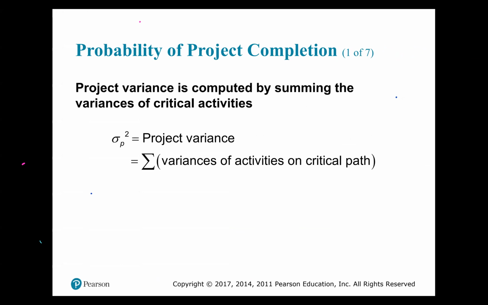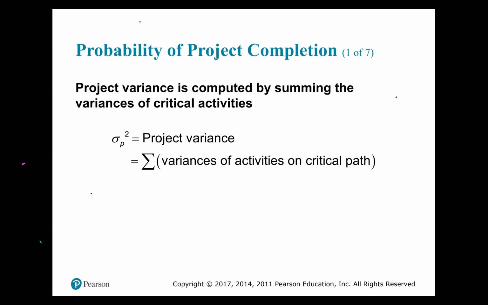Now, the variance of the project is computed by finding the variance of the critical activities. In some places, you will find them finding the variance of every activity in the project. Well, that really is not necessary because the project will rise or fall on the completion of the critical activities. So it's reasonable to use the variance of the critical activities to proxy the variance of the project. So we're going to just find the variance of the critical activities.